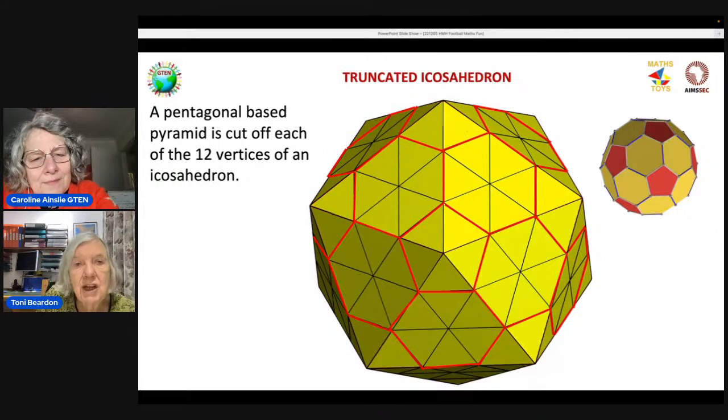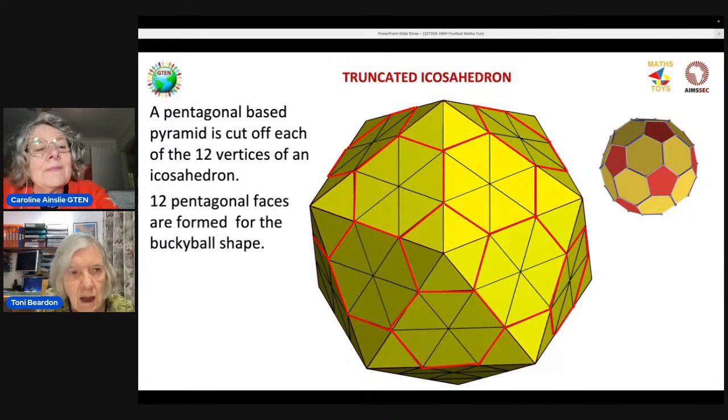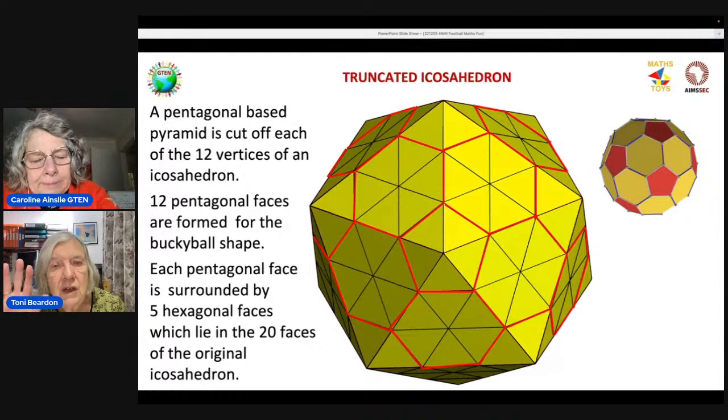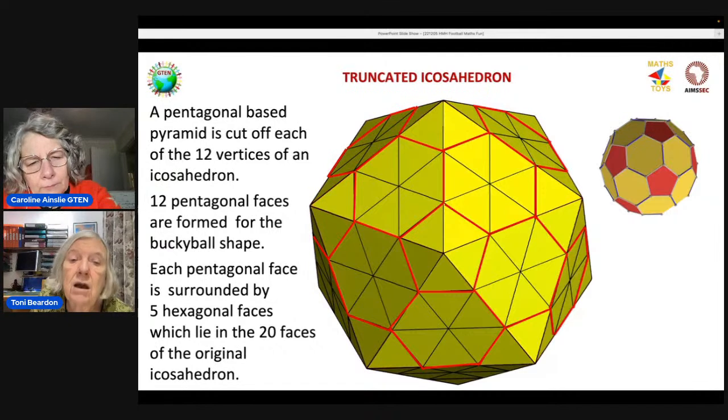So truncated means cut off, and you see that each pentagonal face is surrounded by 5 hexagonal faces, and in the original icosahedron, there's the 3 of the triangles you see at the vertices. They're the cut lines that you cut when you cut off the pentagon.